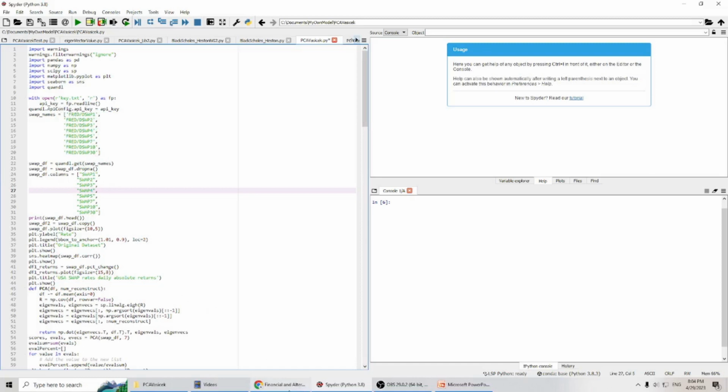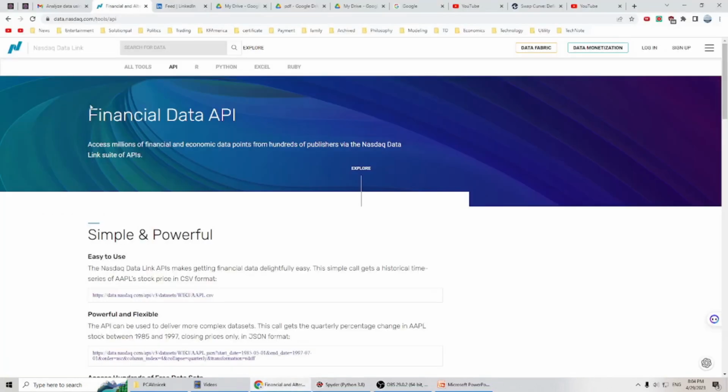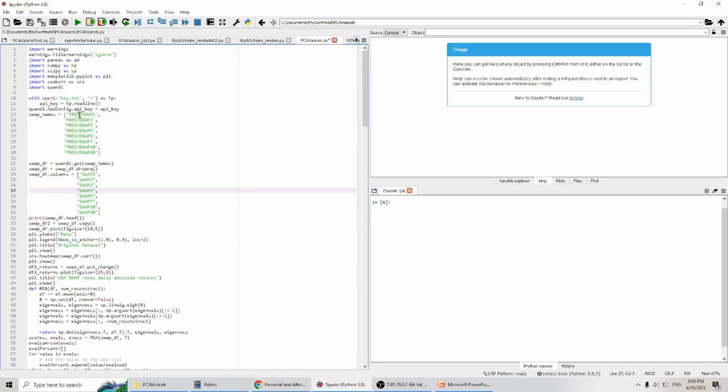You can go to NASDAQ to get your own API key, and then you can download the financial data with your own API key.